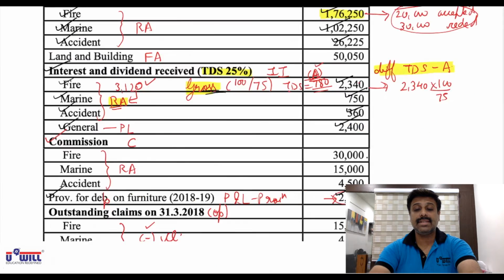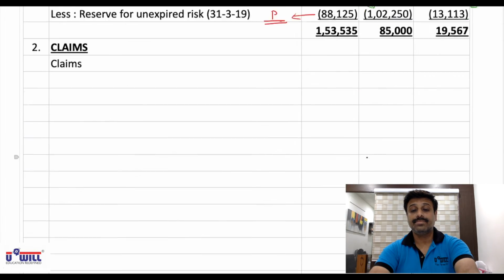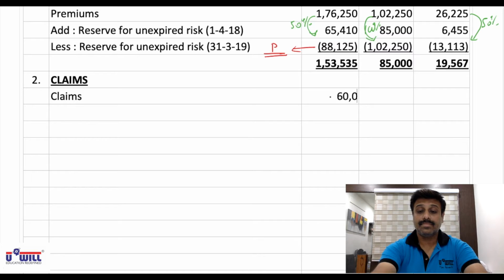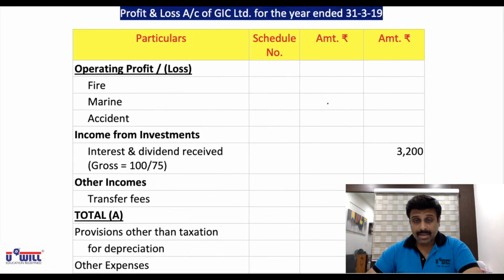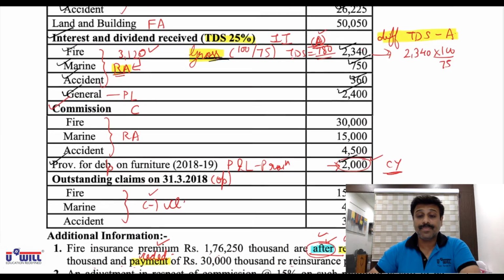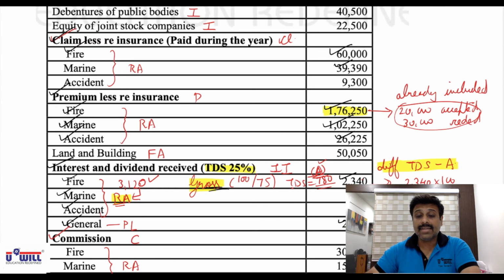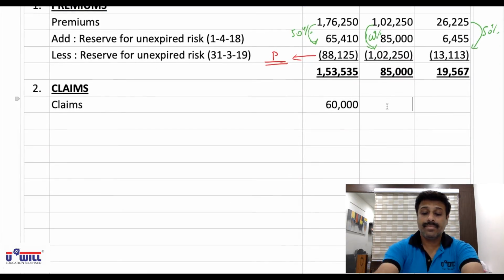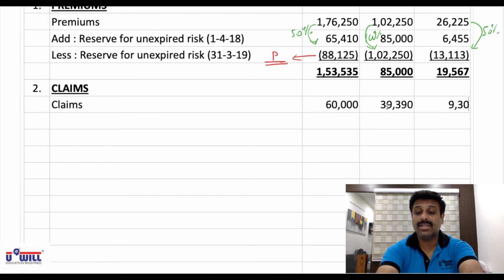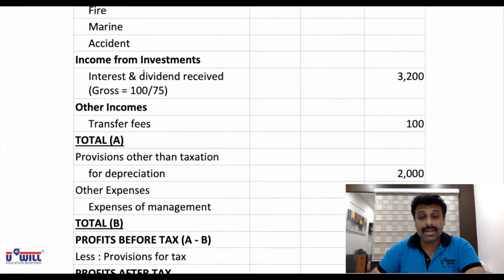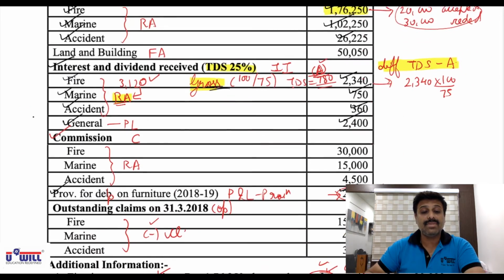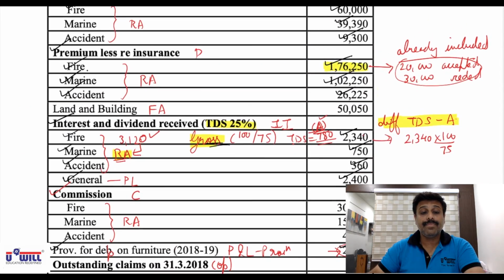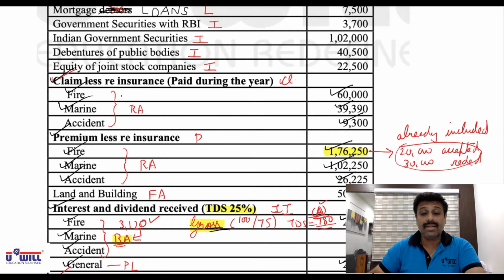Then Marine's claim is 39,390, and accident is 9,300. So claims are taken from the trial balance as the actual amount of claims: fire 60,000, Marine 39,390, and accident 9,300.